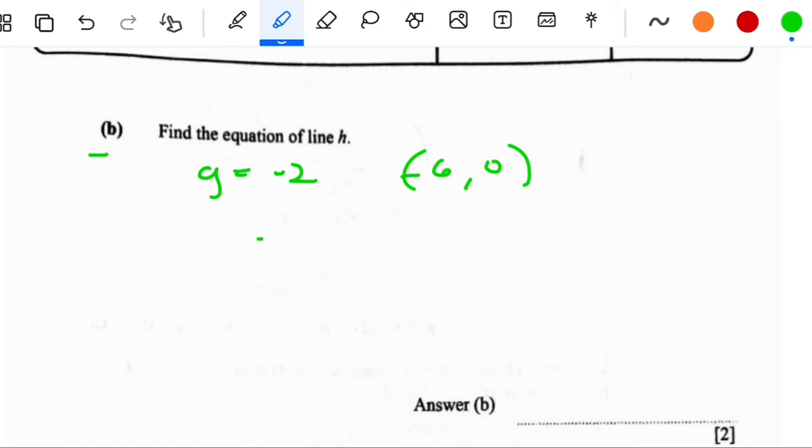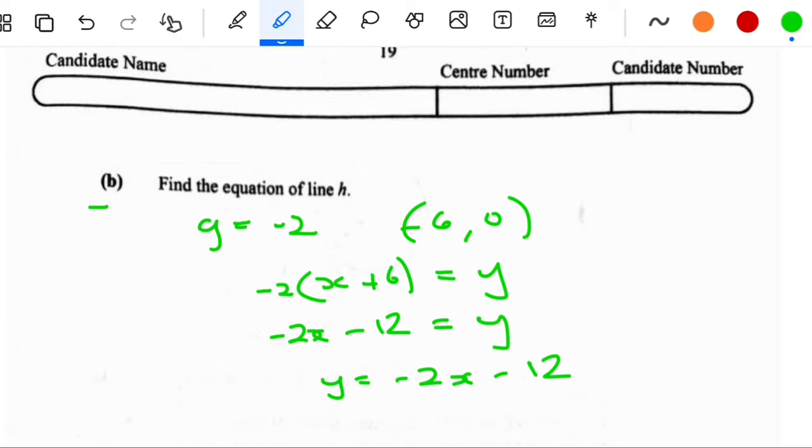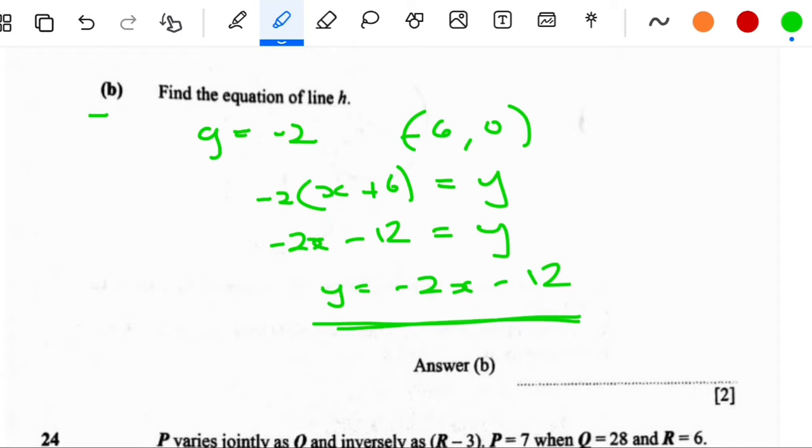So it's going to be negative 2x minus negative 6, which is plus 6, equals y minus 0, which is just y. So here we get negative 2x minus 12 equals y. Then y equals negative 2x minus 12. So this is our equation there.